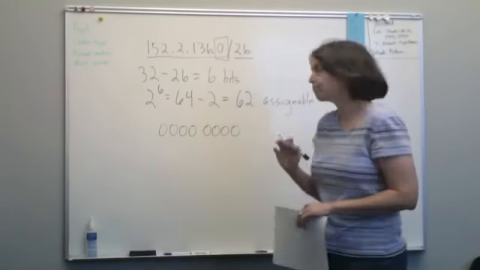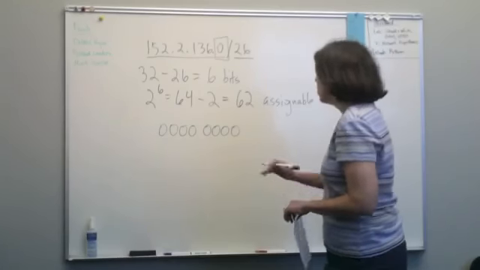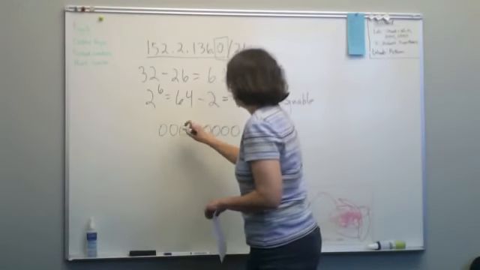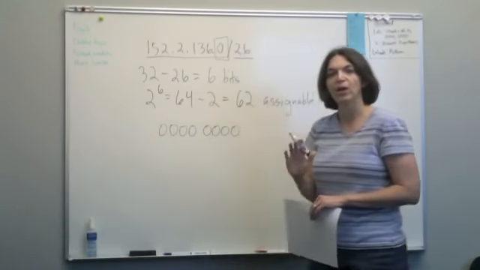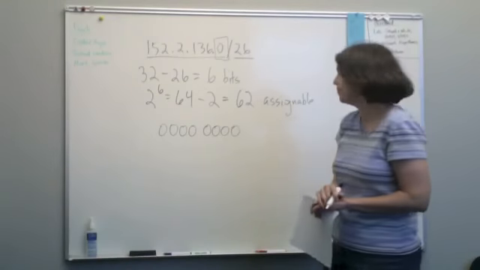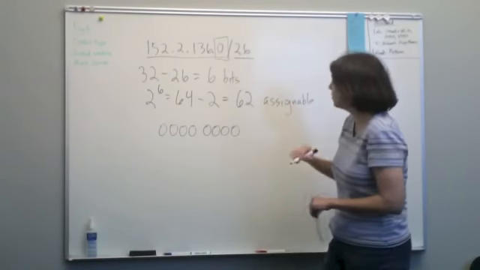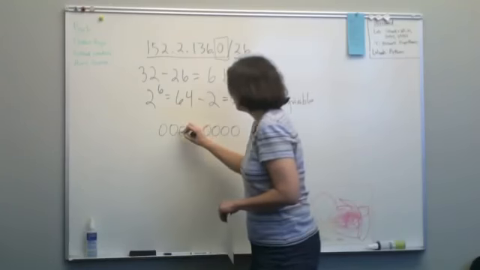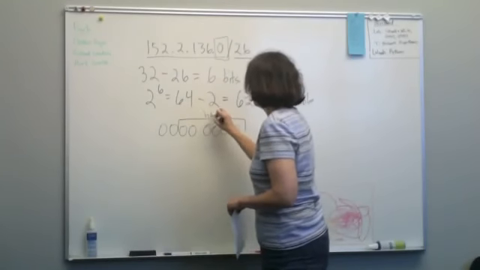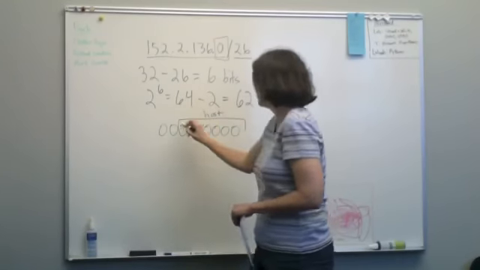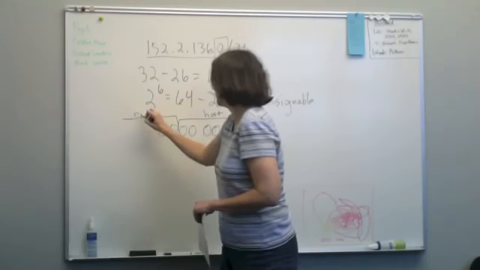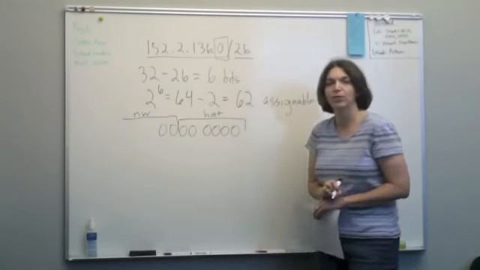Okay, so this is the last octet, and what we know is the first assignable IP address has all of the host bits 0 except for the last one. We have 6 host bits, these last 6. These 2 and all the rest of them are part of the network address.